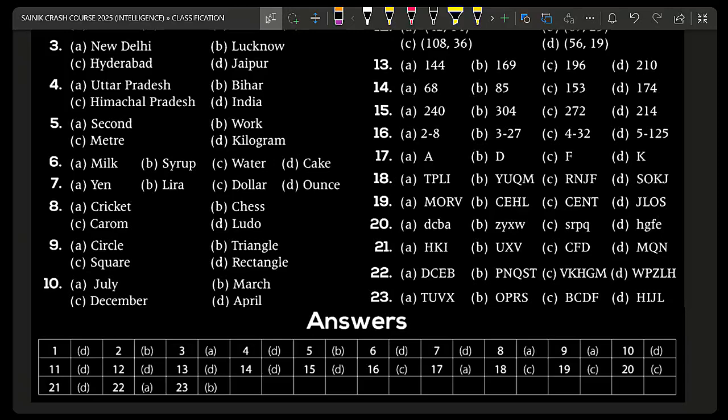Can you say the 17th table? 17 1s are 17, 17 2s are 34, 17 3s are 51, 17 4s are 68, 17 5s are 85, 17 6s are 102, 17 7s are 119, 17 8s are 136, 17 9s are 153, 17 10s are 170.